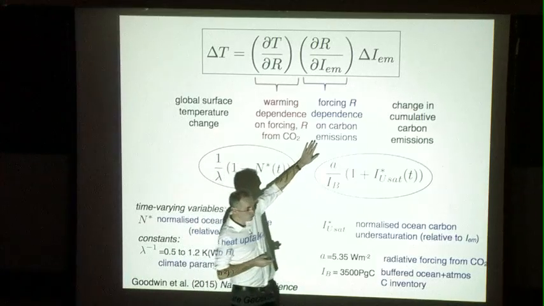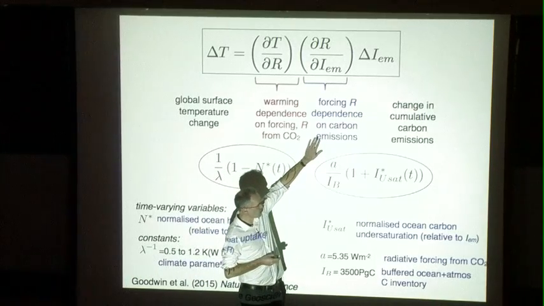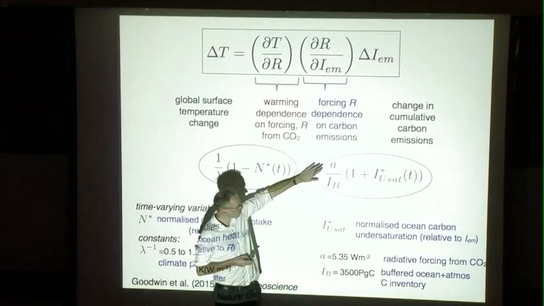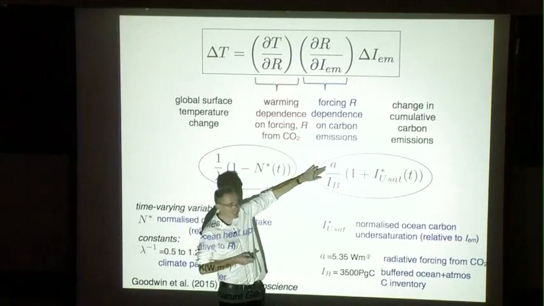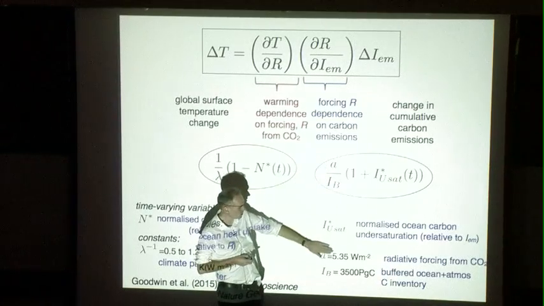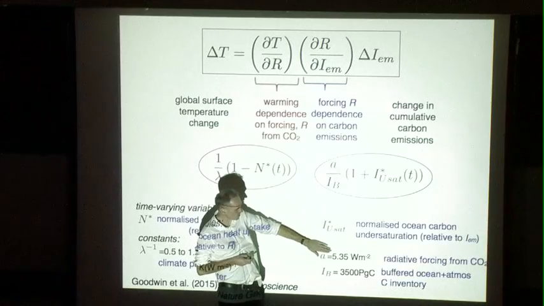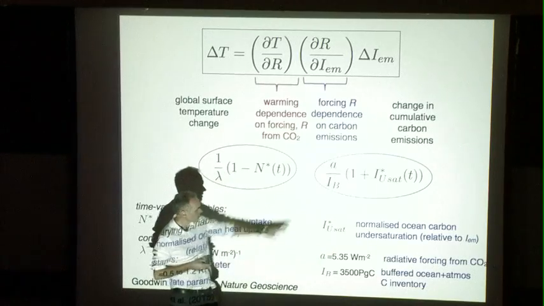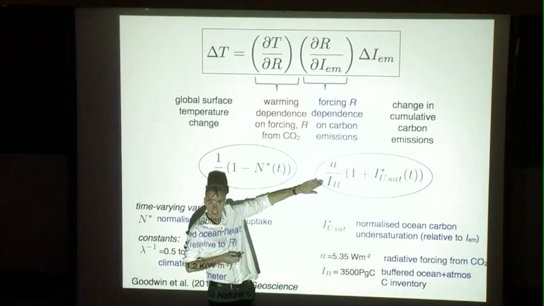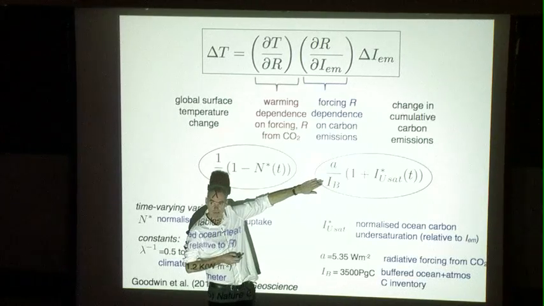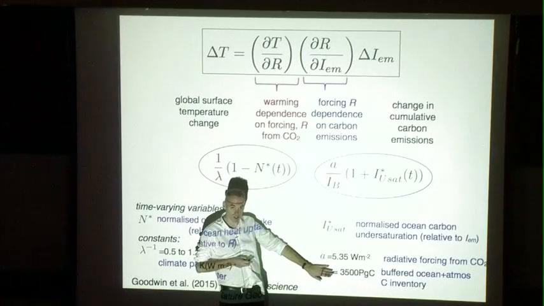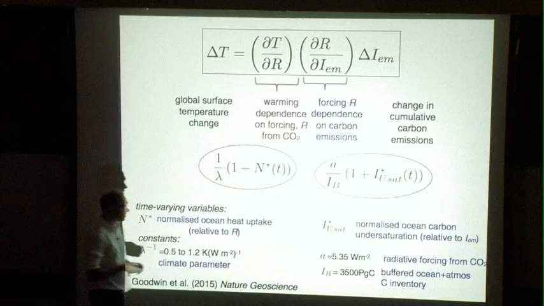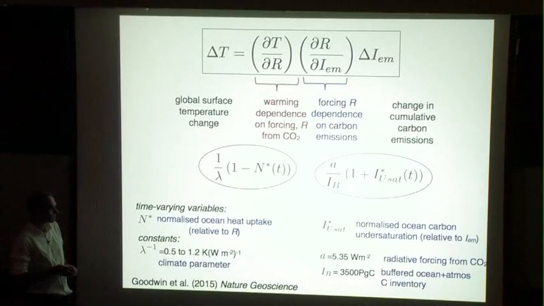This term, how the radiative forcing depends on how much carbon we emit, depends on two quantities which are constant in time: a sensitivity of radiative forcing to CO2, which Keith Shine's work has quantified as simply 5.35 watts per meter squared. And something that we've worked on and identified as important is the buffered carbon inventory of the atmosphere and the ocean, which again is approximately constant over plausible emission scenarios up to 4,000 petagrams of carbon.